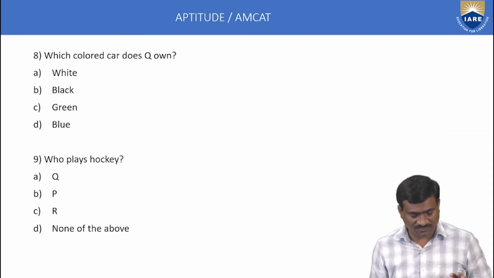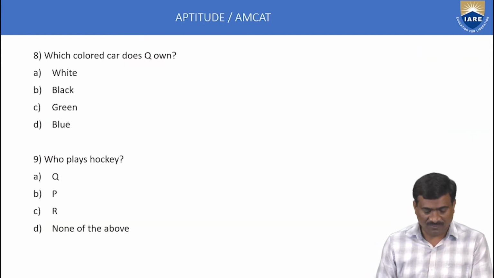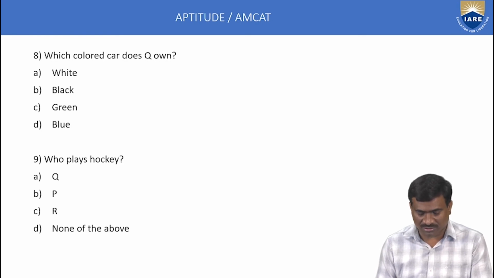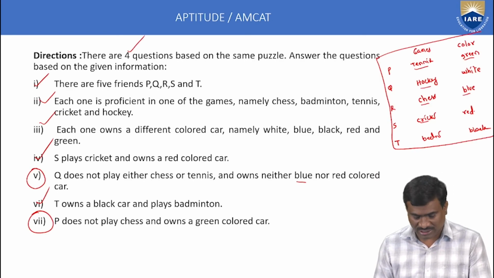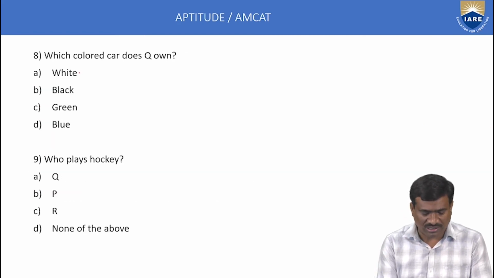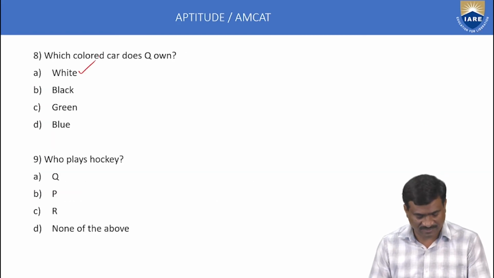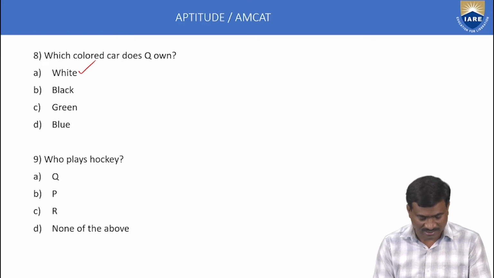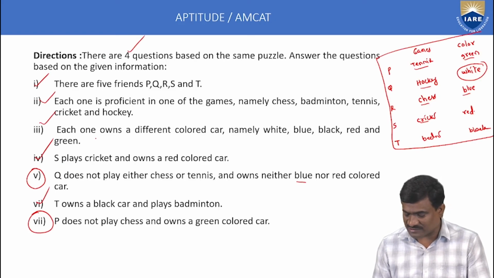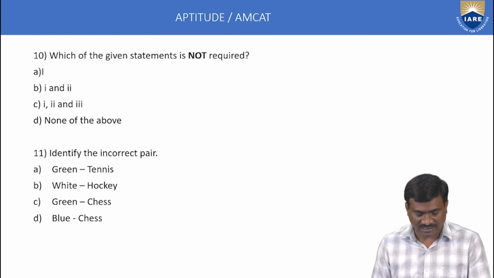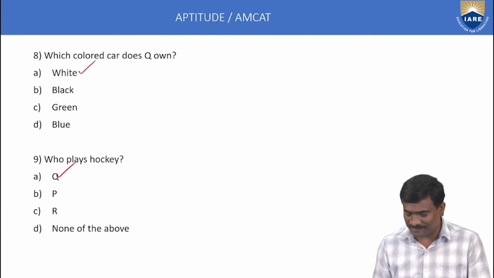Now the 8th question: which colored car does Q own? Q's condition is white and hockey. Here we want only the color, white, correct. Who plays hockey? That is Q, by using this table. Next, the 10th one: which of the given statements is not required?